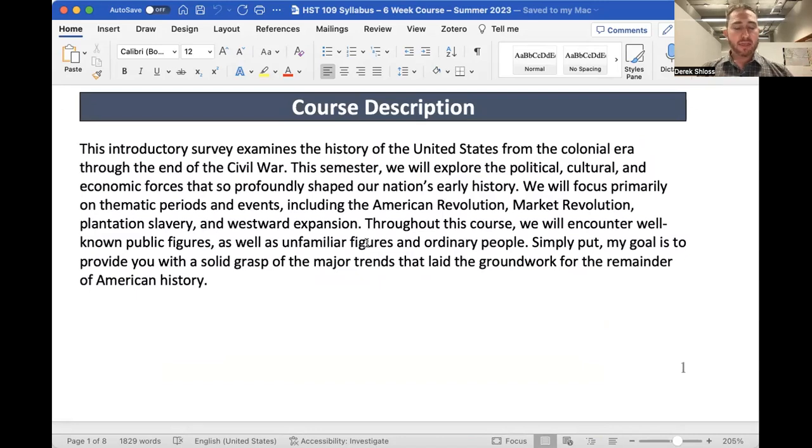We will focus primarily on thematic periods and events, including the American Revolution, market revolution, plantation slavery, and westward expansion. Throughout this course, we'll encounter well-known public figures as well as unfamiliar figures and ordinary people. Simply put, my goal is to provide you with a solid grasp of the major trends that laid the groundwork for the remainder of American history.